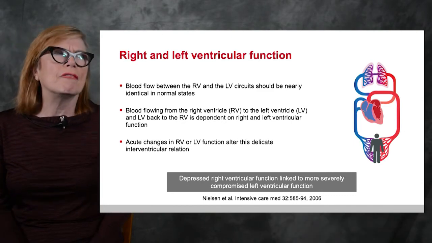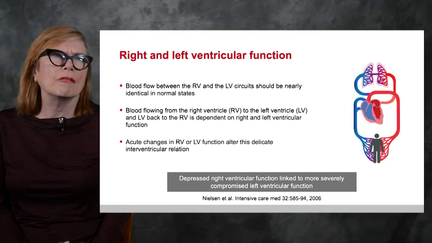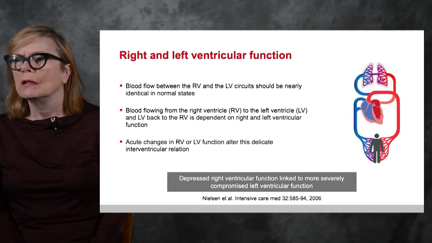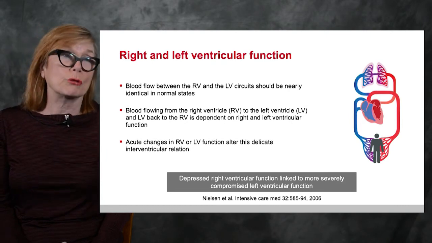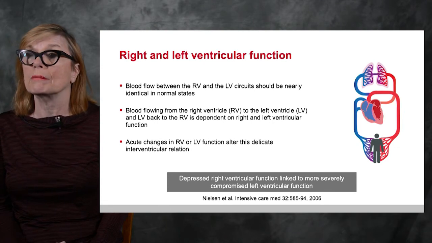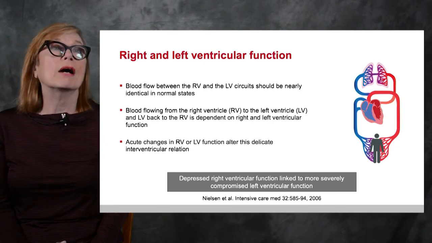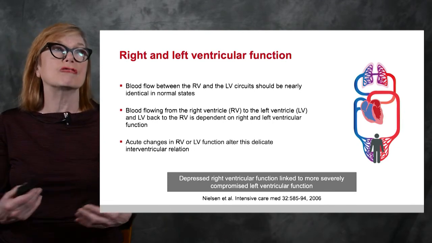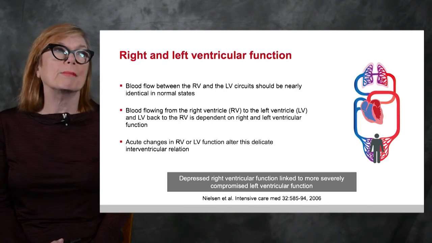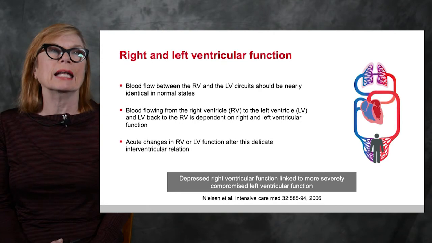We love, love, love to look at that left ventricle and blame everything on it. But the actual truth of the matter is, and in particular in critically ill patients with positive pressure ventilation, we understand that using certain strategies in mechanical ventilation will actually put your right ventricle significantly at risk.